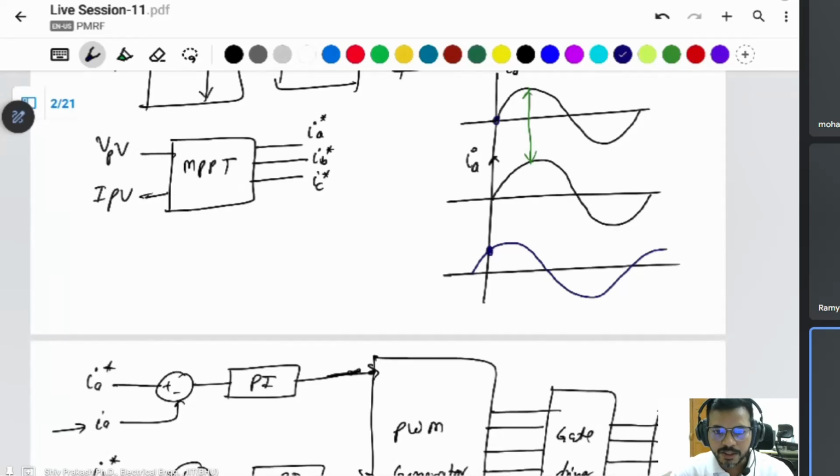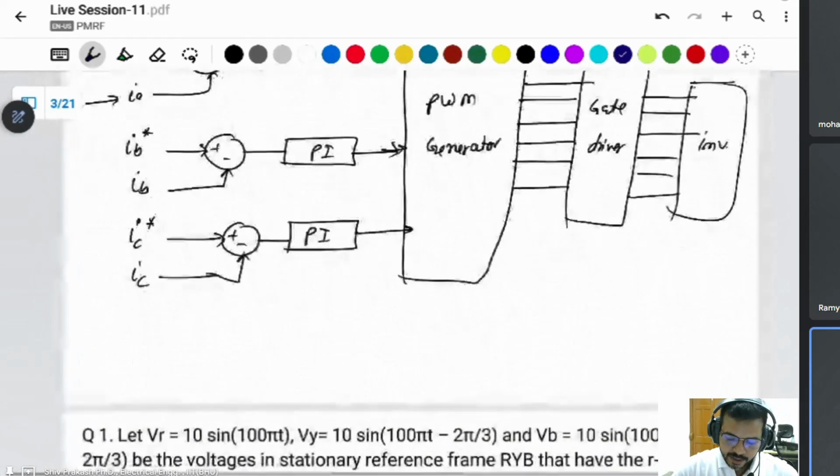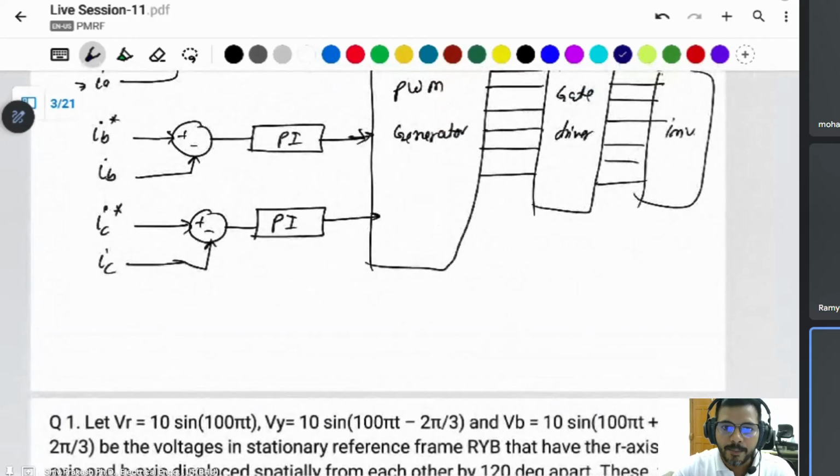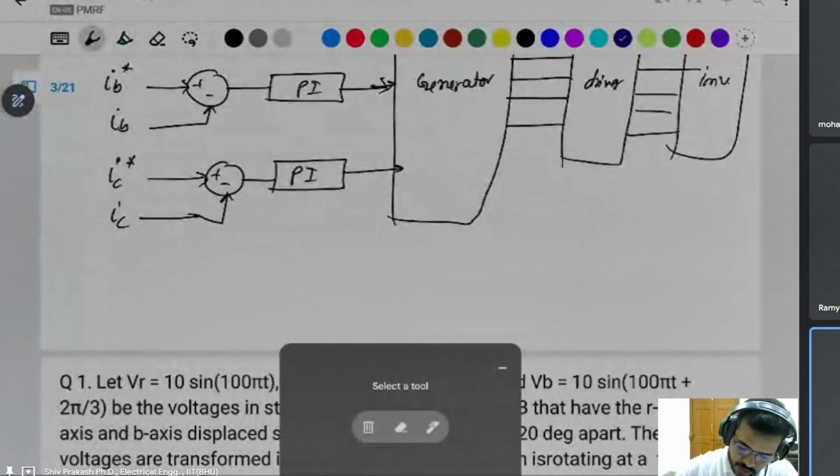There is a system which converts this AC system to an equivalent DC system. This DC system is compared to the reference, which is converted into a DC system in the same way. Then it is easier to minimize the error.